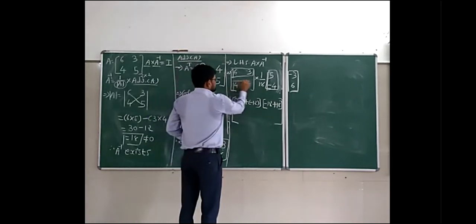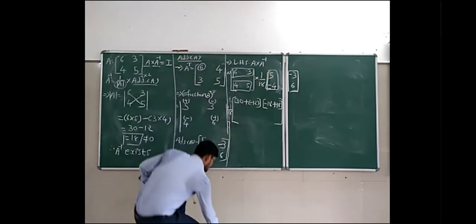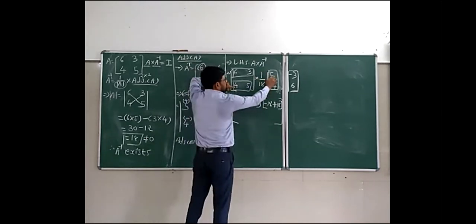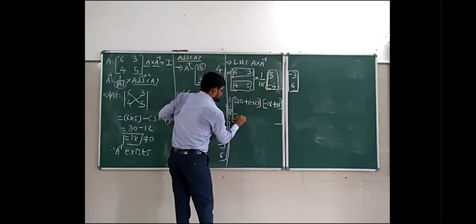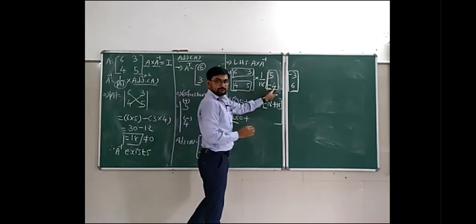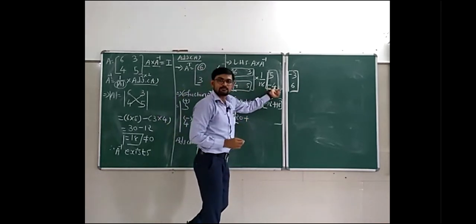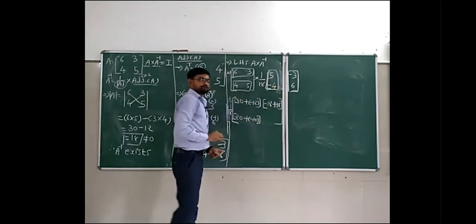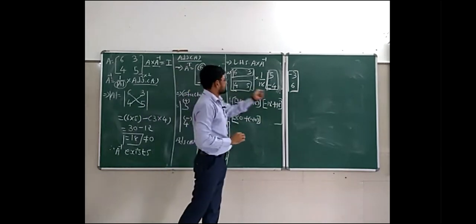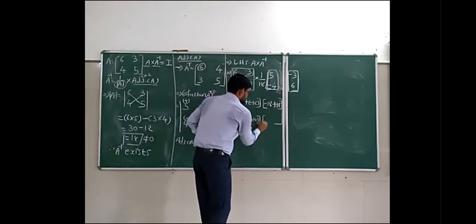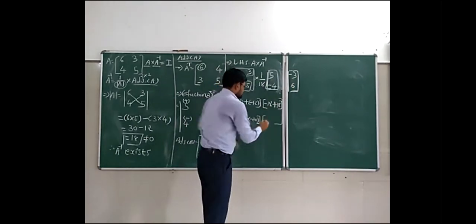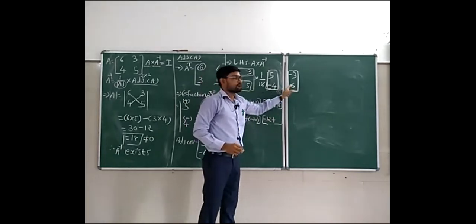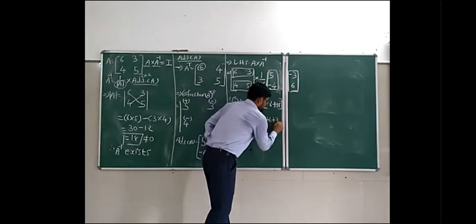Then we'll multiply the second row with all the columns. Second row, 4 into first column, 4 into 5, 20, plus second into second, 5 into minus 4, minus 20. Then we'll multiply the second row with the second column, 4 into minus 3, minus 12, plus second into second, 5 into 6, 30.